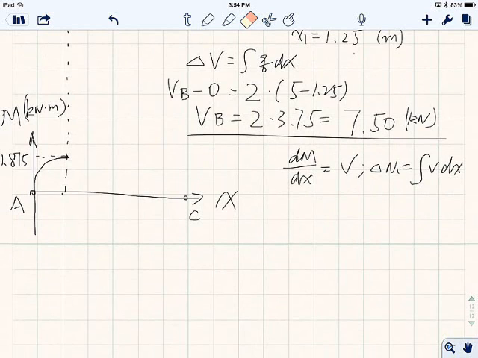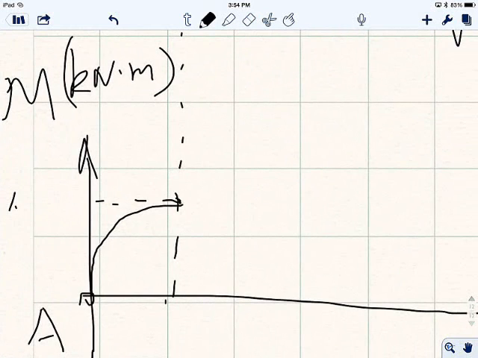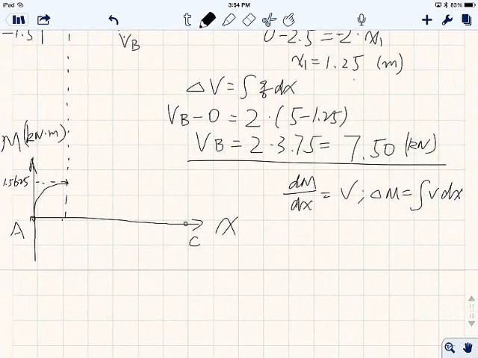It equals 1.5625. No, I'm just kidding. And the unit is kilonewton times meter, like I mentioned over here.